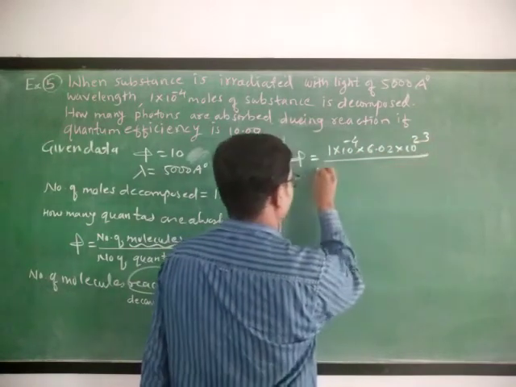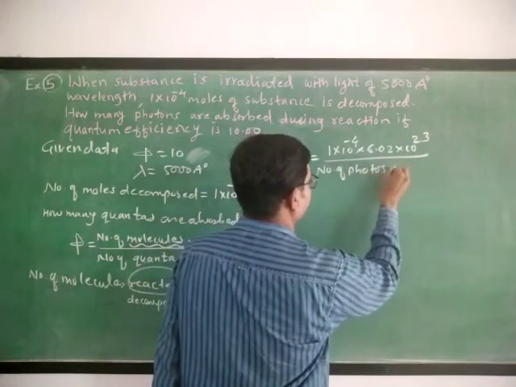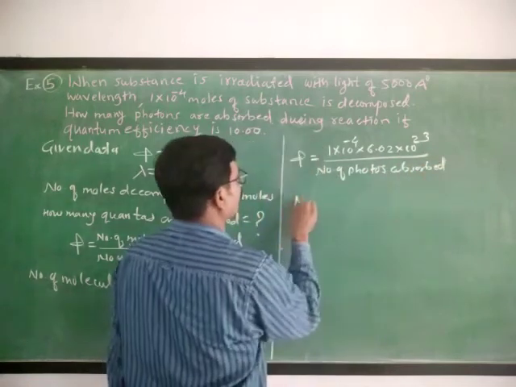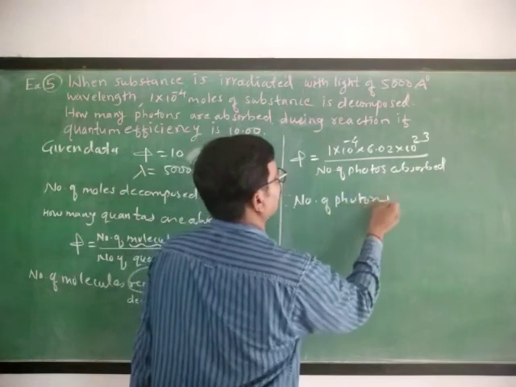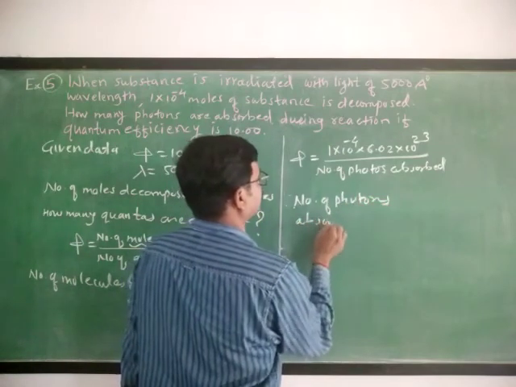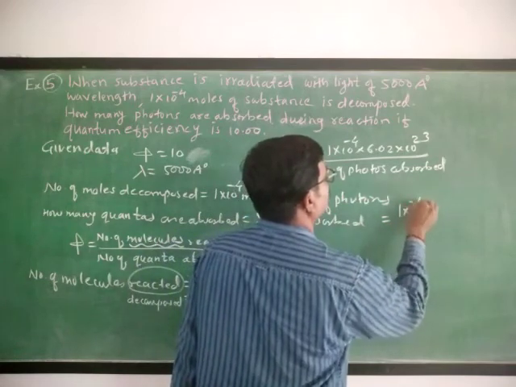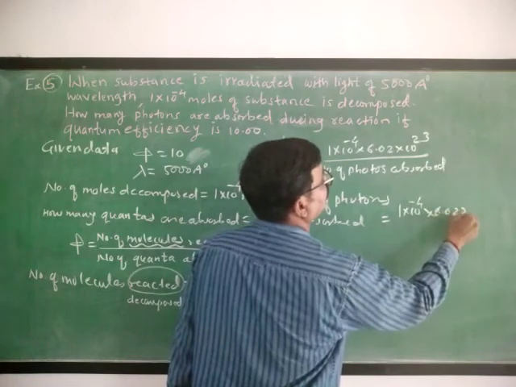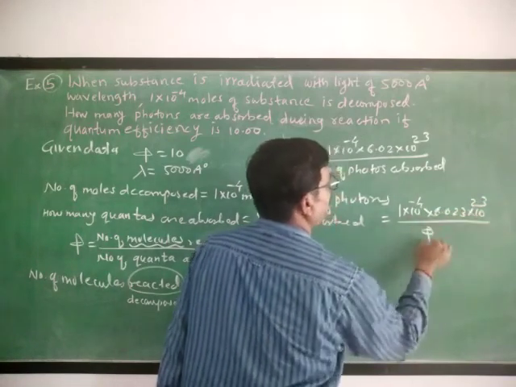Then at the denominator, number of photons absorbed. That's why the number of photons absorbed is equal to 1 into 10 raised to power minus 4 multiplied by 6.023 into 10 raised to power 23 divided by phi.